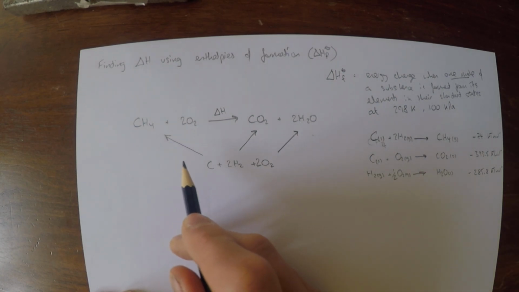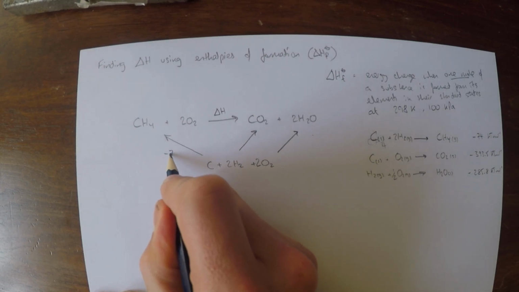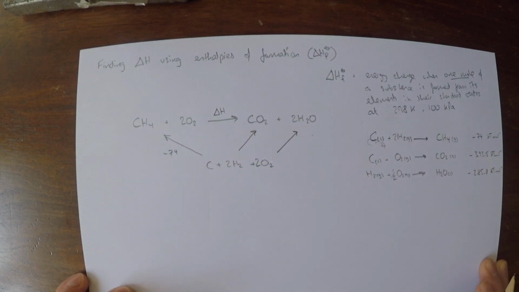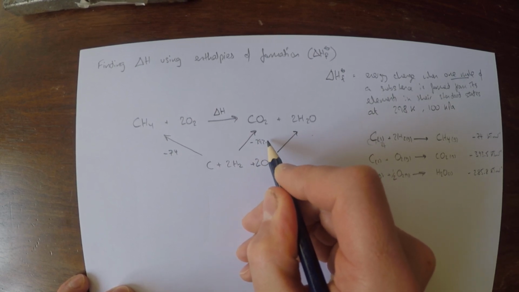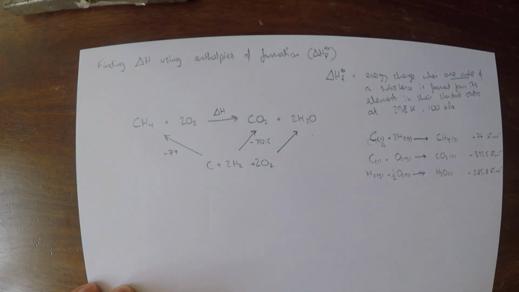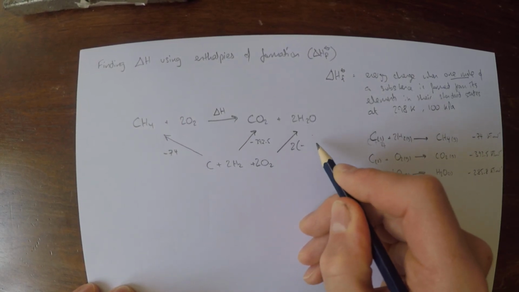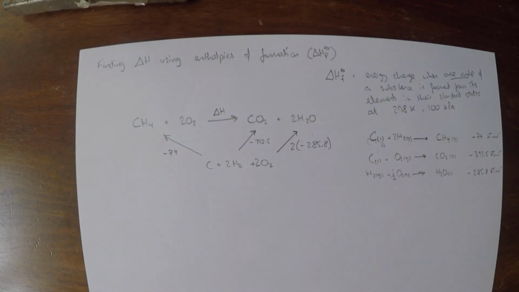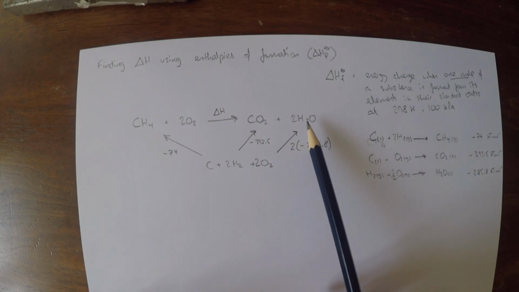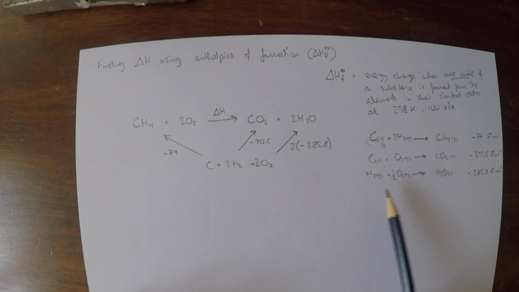The energies associated with each of these arrows as they are written are minus 74 kilojoules per mole for the methane, minus 393.5 kilojoules per mole for the carbon dioxide, and 2 times minus 285.8 kilojoules per mole for the water, since we are forming 2 moles of water here rather than just 1 mole, which is what we are provided with in the equation.